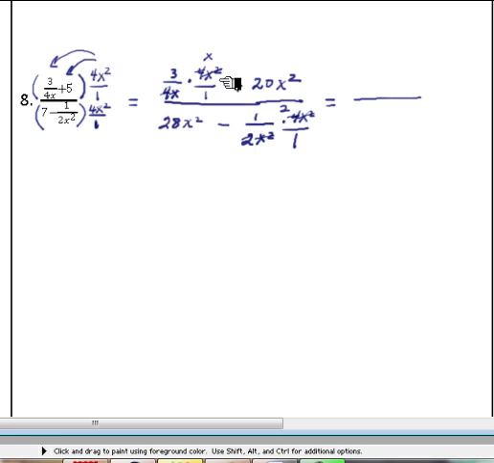We have 3x plus 20x squared, and here we have 28x squared minus 2. So we've simplified the mixed quotient.